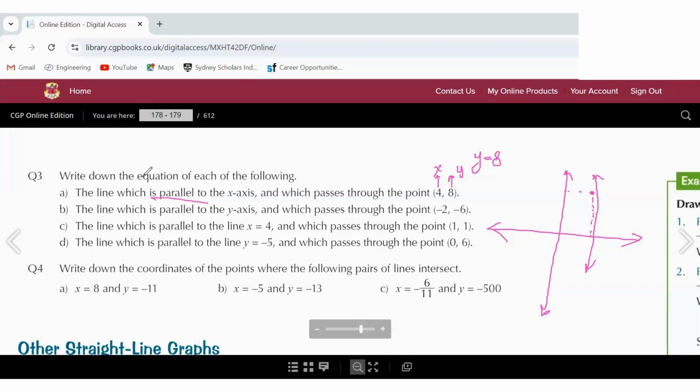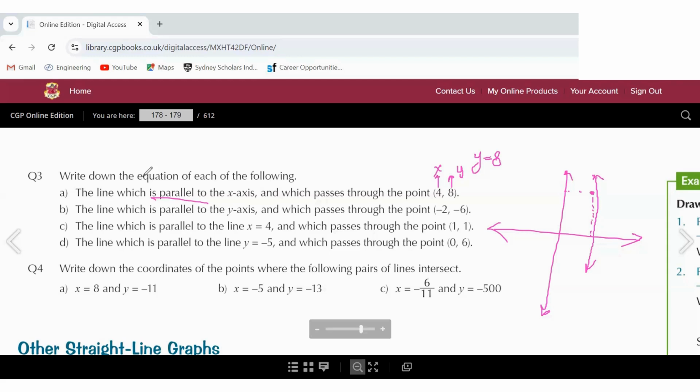C. The line which is parallel to the line x equals 4, which passes through (1, 1). You said y equals 1.